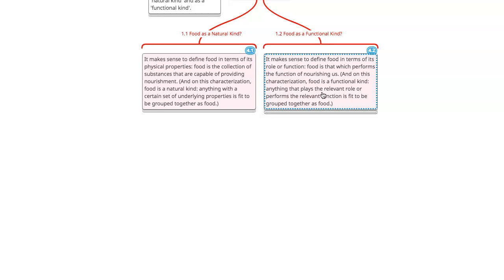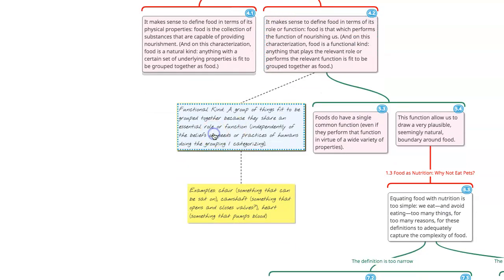It's the function that ties things together as belonging in the food category. So definition, functional kind: a group of things fit to be grouped together because they share an essential role or function, independently of the beliefs or needs or practices of humans doing the grouping or categorizing. Examples: chair, camshaft, heart. We discussed these in class.